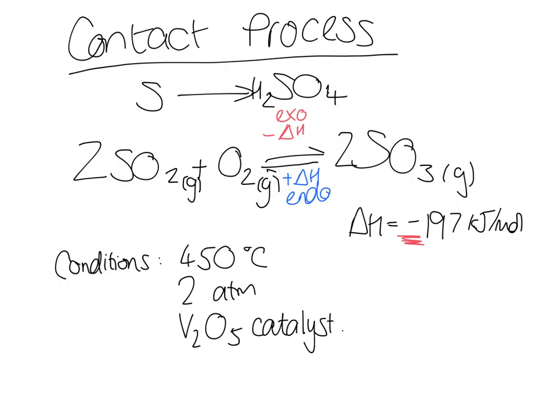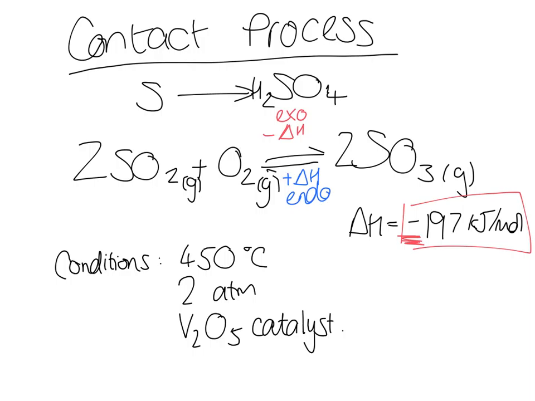Okay, and there's also a cool thing with this. Our conversion is 95%. It's very, very good. But also, what type of reaction is this? Exothermic. And so it gives out heat itself, right? So what we're saying is that we want to use a reasonably high temperature to get the rate at a reasonable rate, okay?